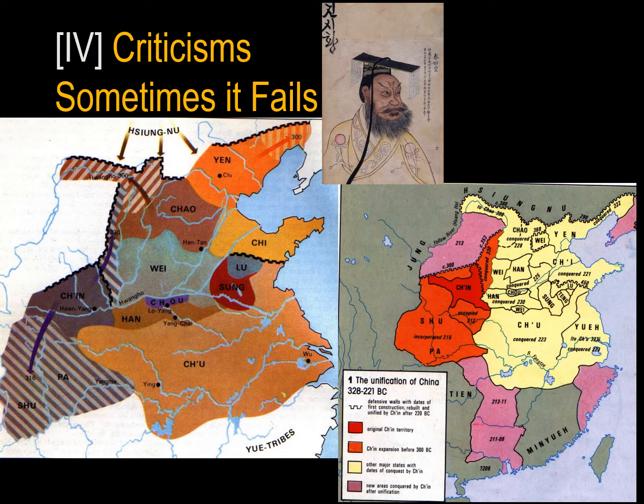The second observation, which is B, is that the balance of power does not always succeed. Sometimes multi-state regions do unify. China is the classic example.